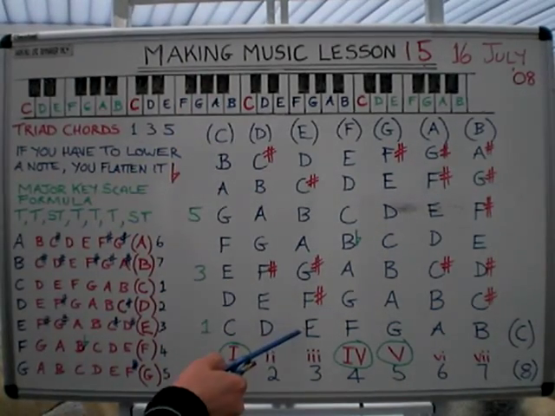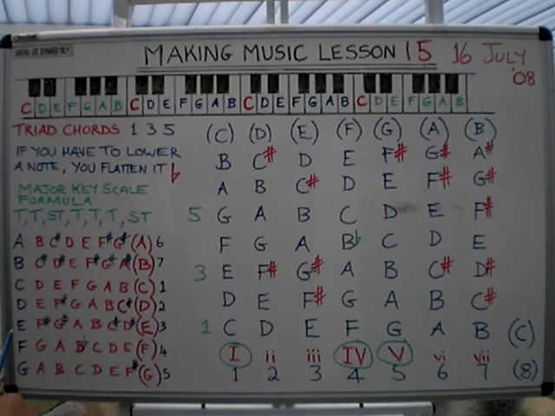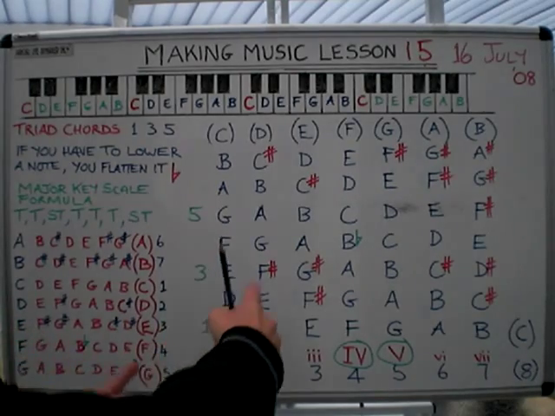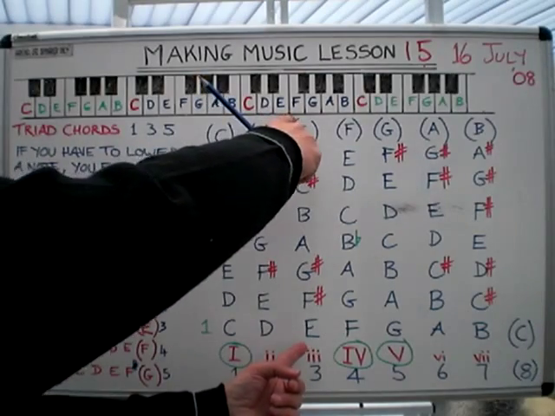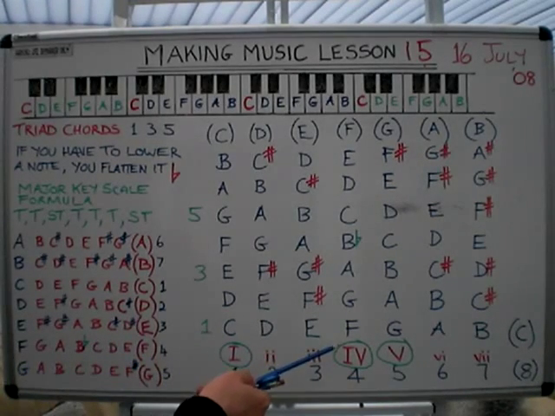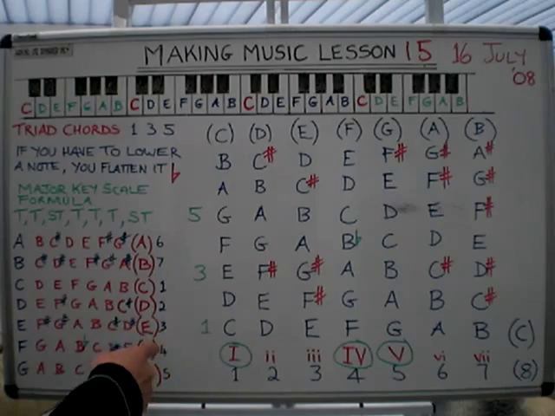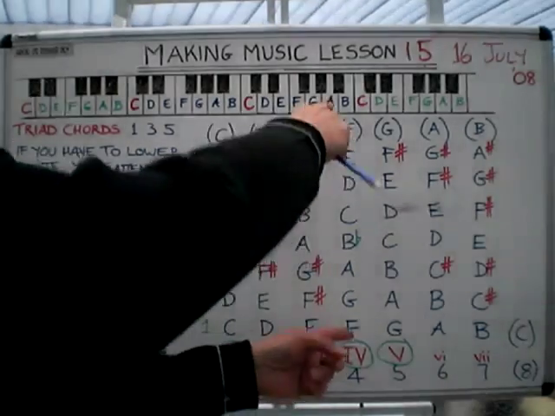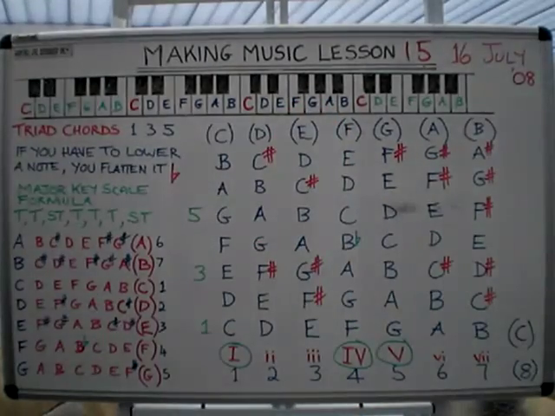The next one I want to talk about, in the same kind of manner, is the E to E. I want to include the sharps again, so we take the row of the scale of E and turn it vertically and put it there. Now same with the F, turn it vertically, stack it up here.